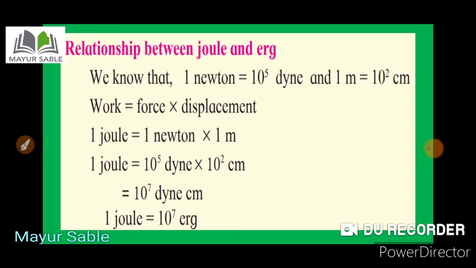Therefore, 1 joule is equal to 1 Newton into 1 meter, which is 10 raised to the power 5 dyne into 10 raised to the power 2 centimeter. So, the answer is 10 raised to the power 7 dyne centimeter. We can conclude that 1 joule is 10 raised to the power 7 erg. So, this was the relationship between the joule and erg.